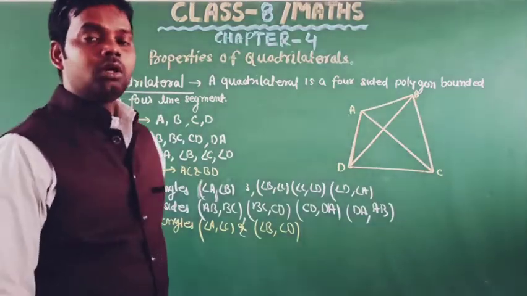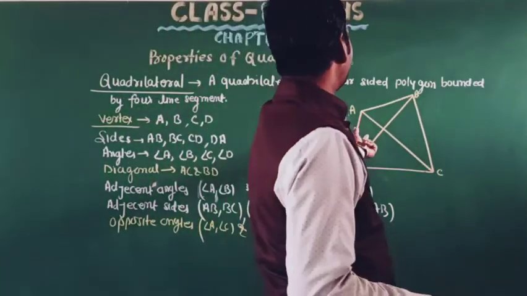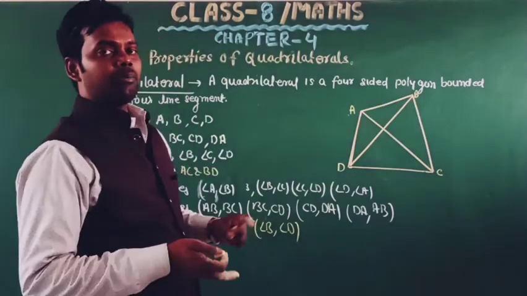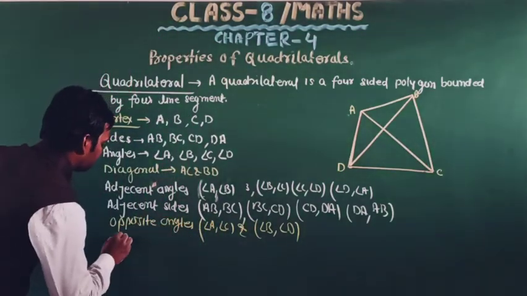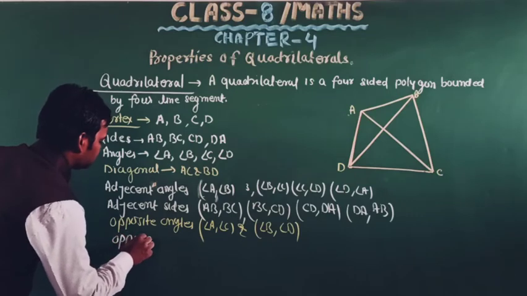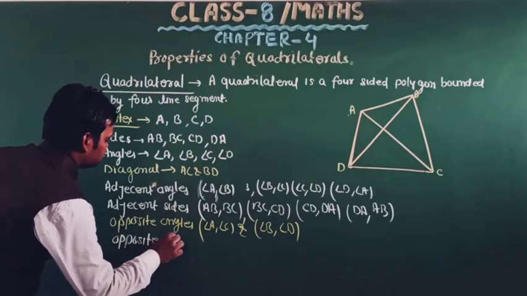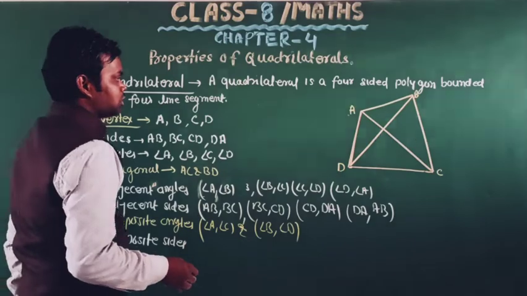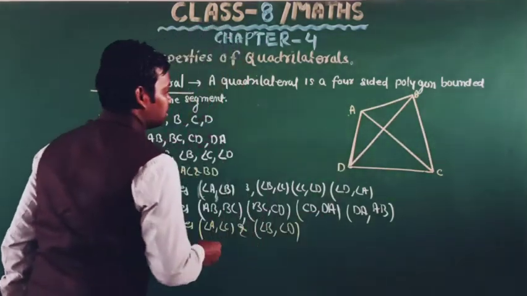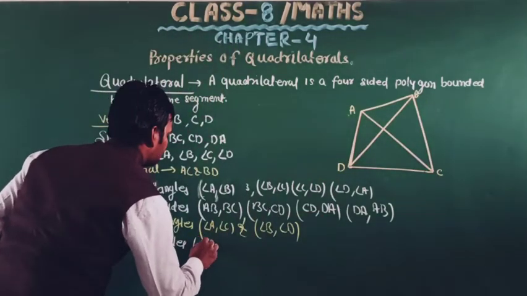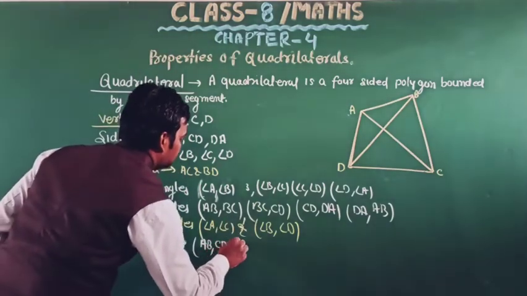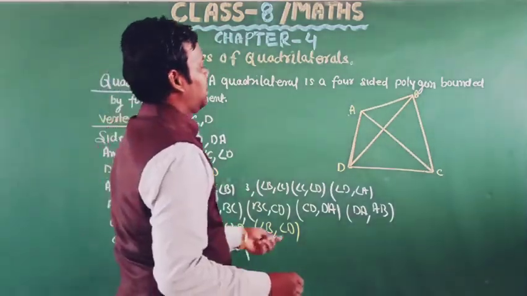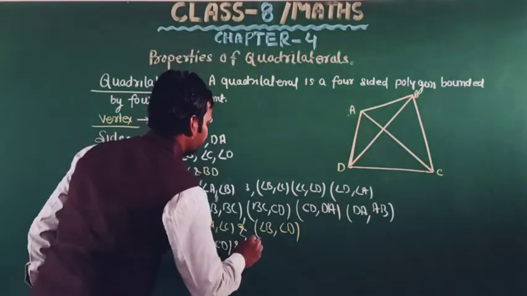Similarly, we have two pairs of opposite sides. So the opposite sides are AB, CD and AD, BC.